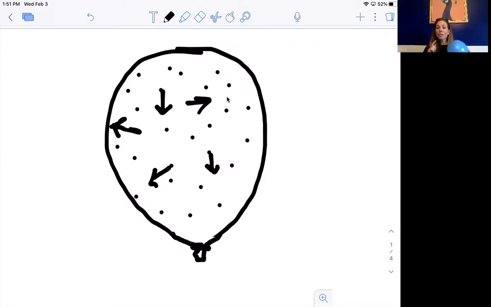So all of those air molecules are zipping around, and when they zip around, a couple of things happen. First of all, they hit stuff. They hit the sides of the balloon, and they also hit each other.